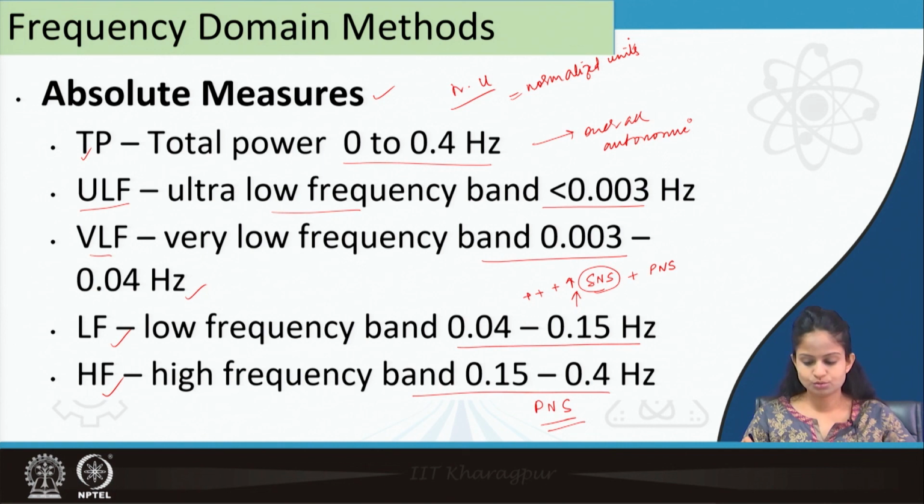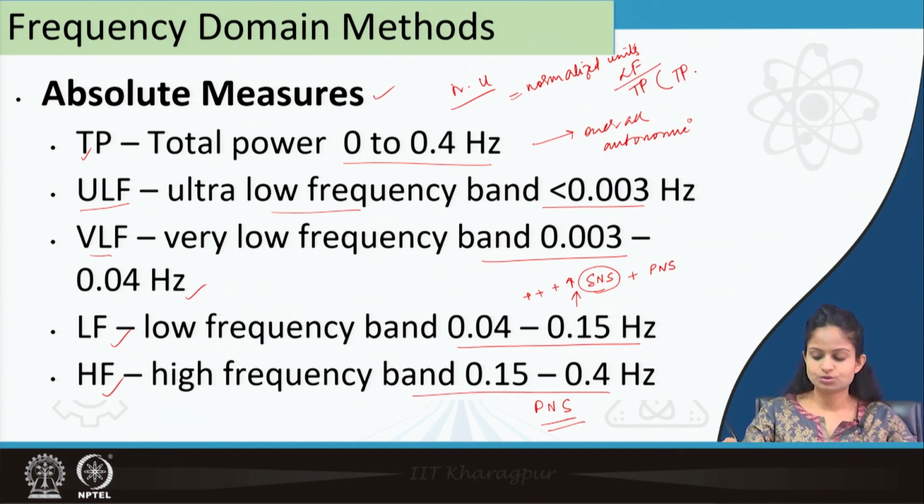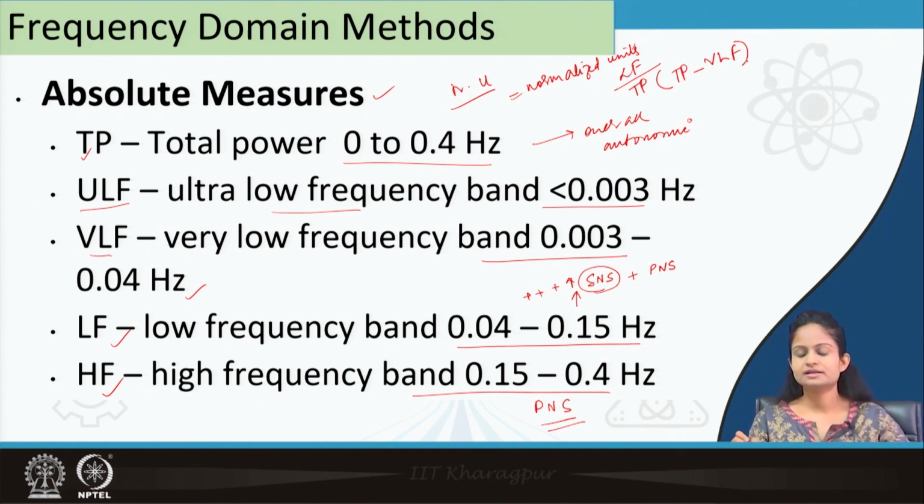So, for the normalized unit of low frequency, it is LF divided by total power, where the total power usually excludes the very low frequency. This is the normalized unit, or the percentage of power. We can check the parameter in normalized units or in hertz.